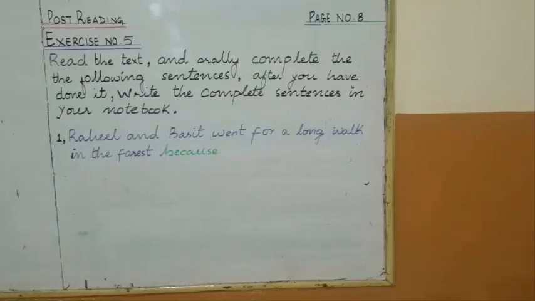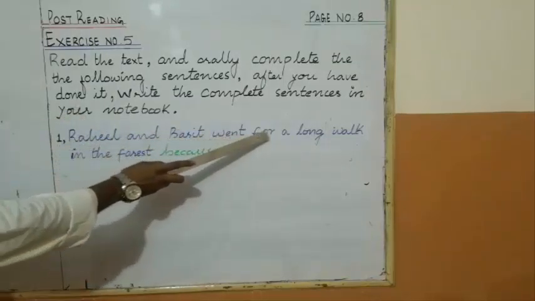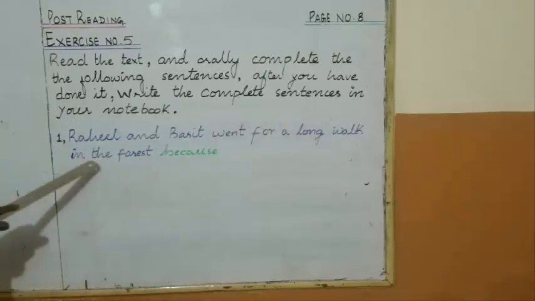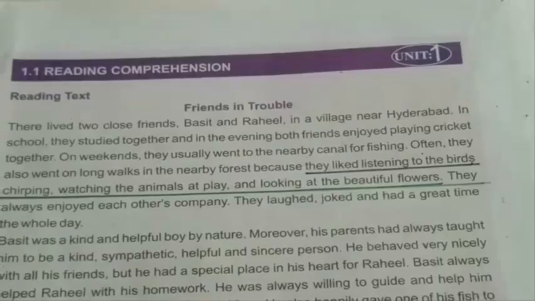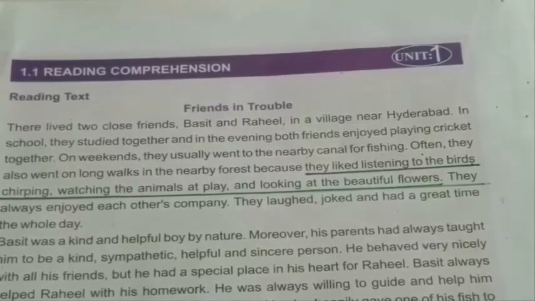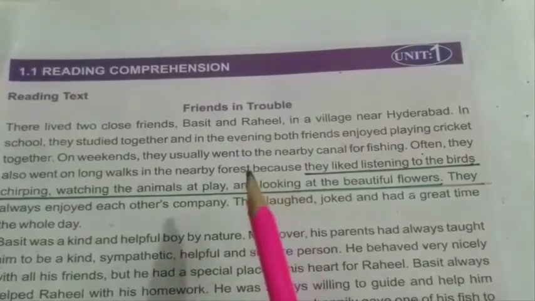Now read the first one. Rahil and Basit went for a long walk in the forest because. Now look into your book on page number 3, paragraph 1. Here it is.